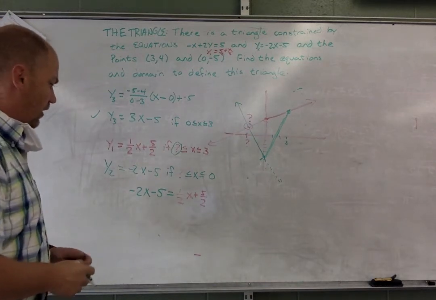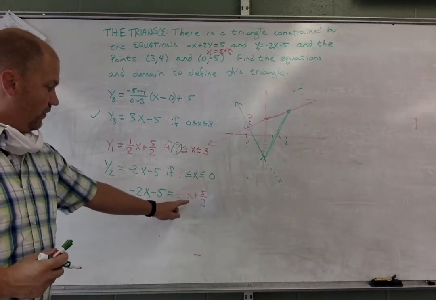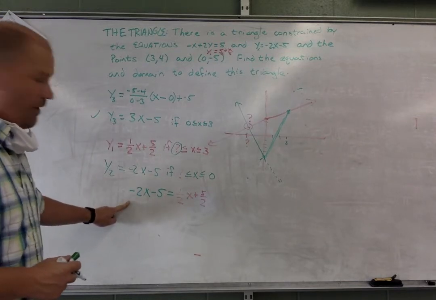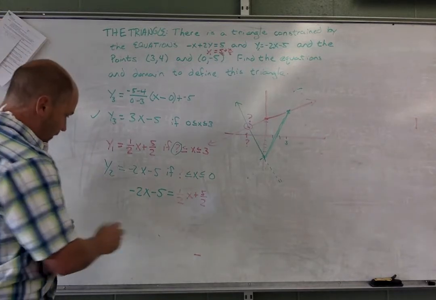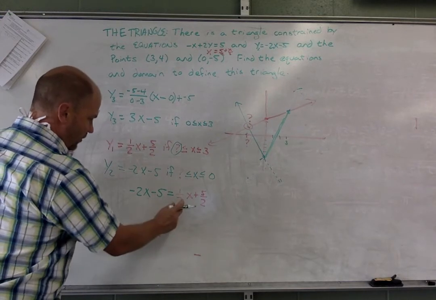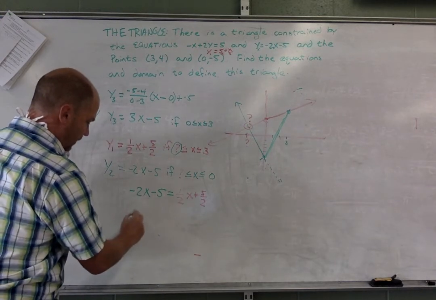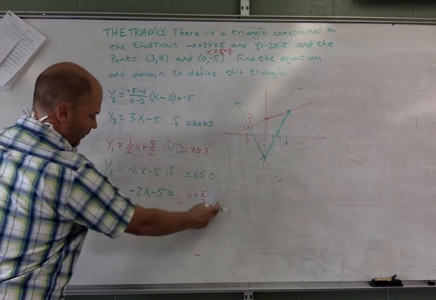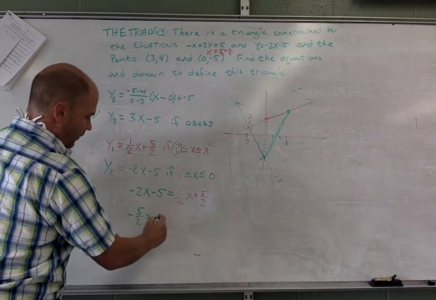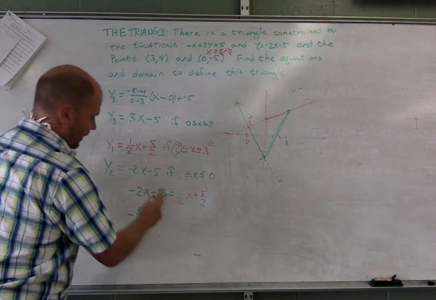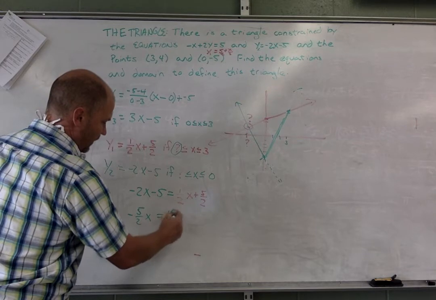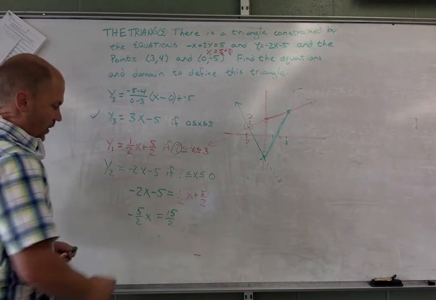Now I solve. I'm going to subtract 1/2 x from both sides, and I get negative 5 halves x. Then I move my 5 over here, and that's 10 halves, so that equals 15 halves.